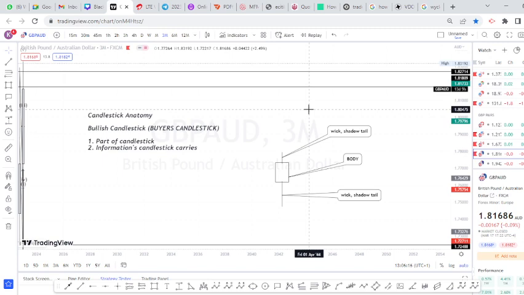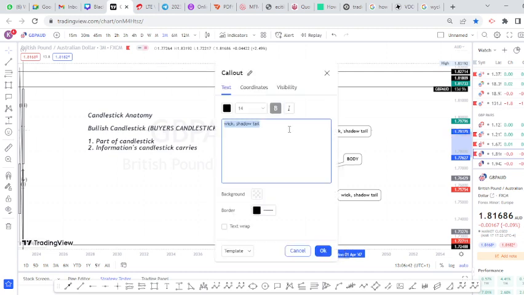It shows what happened in that particular time frame, the period of time that we have. The sellers were there, but before the close of that candlestick, the buyers took over. These are the two parts of the candlestick. We have the body, and here we have the upper shadow.